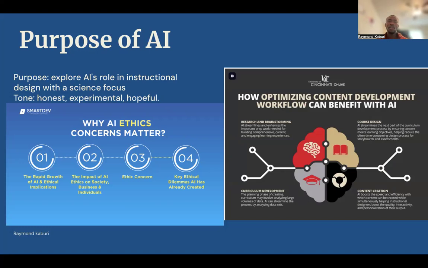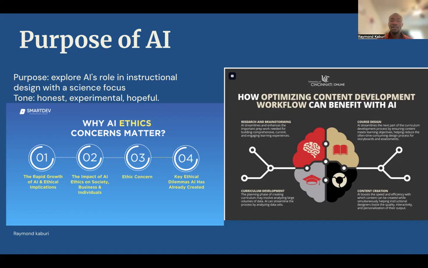When we talk about the inclusion of AI in our science instruction or in our science classroom, we should also be concerned about the ethical use of it, because we know that AI has come to stay and is going to be with us for a long time.